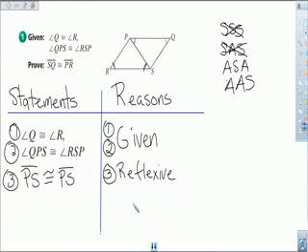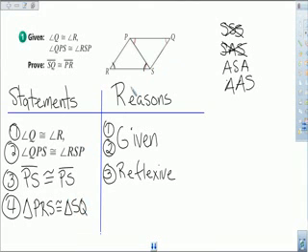That is given. We know that angle 1 is congruent to angle 2. That is also given. Okay, so we have those two things.